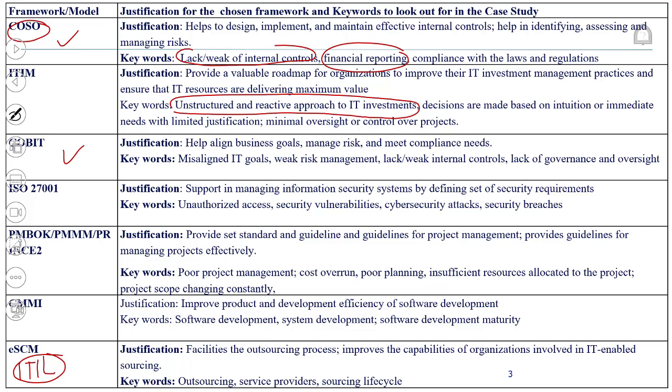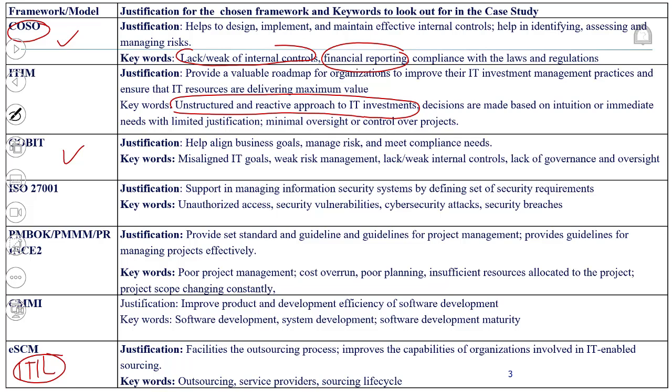Somebody in the HR department says, I want this particular system, and it is bought. There's no proper way in which the IT investments are being carried out. Then you definitely know that there's a problem with the IT investment.